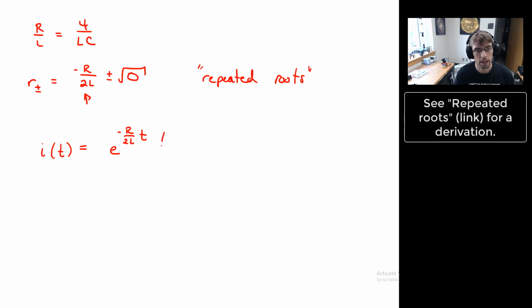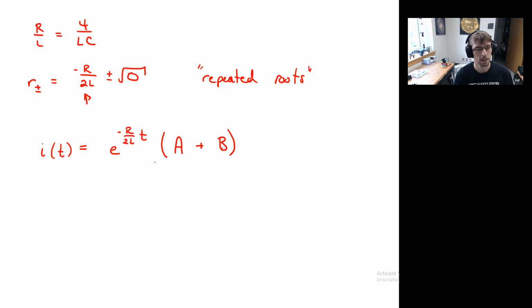And rather than being times a plus b, those two coefficients, you end up with a time in here. Now you can go back and double check that. This solution is called the critically damped solution.